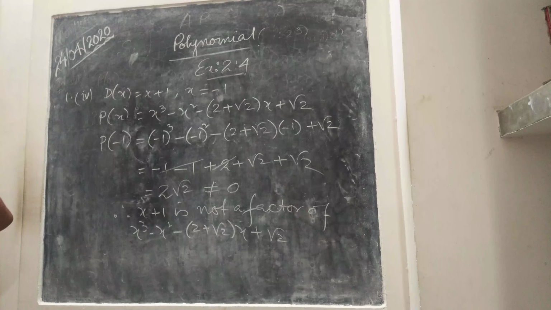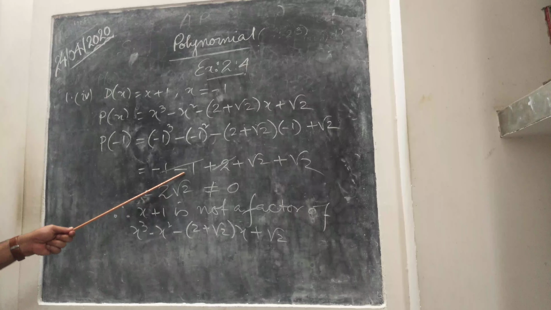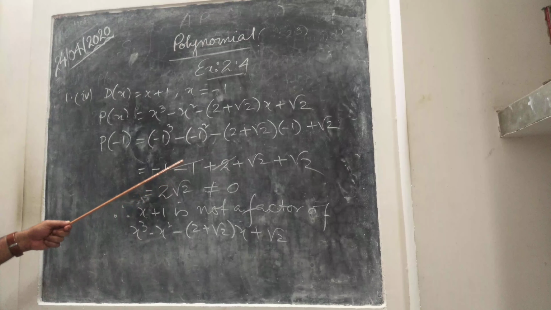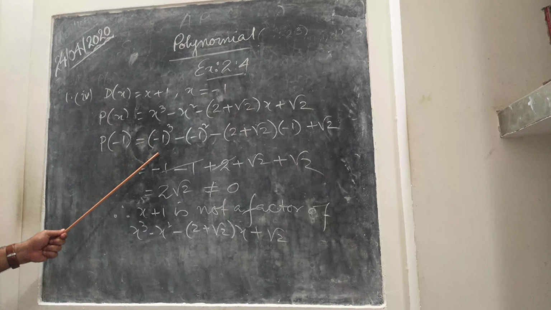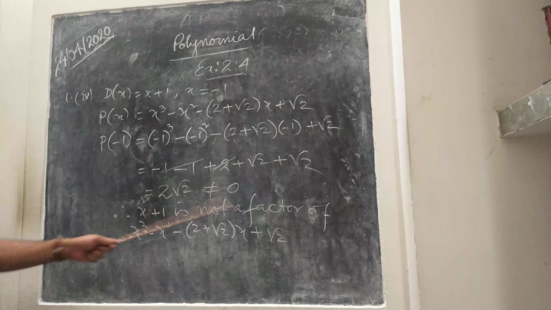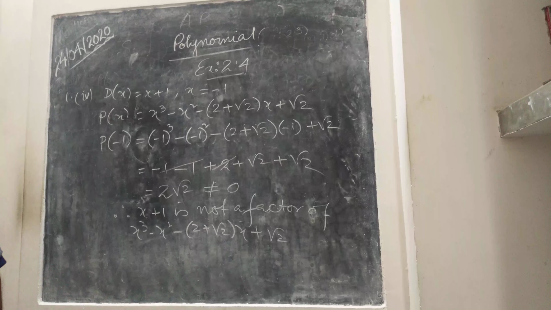Then you see minus 1, minus 1, minus 1, minus 1, how much is it? Minus 2 plus 2, cancel. Root 2 plus root 2, not equal to 0, therefore it is not a factor.